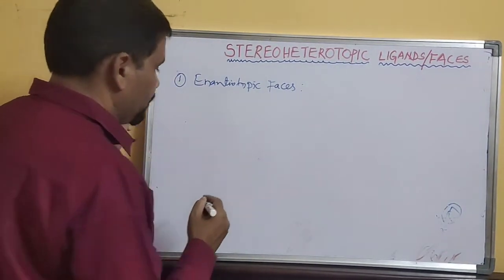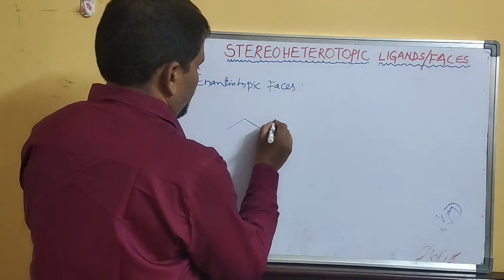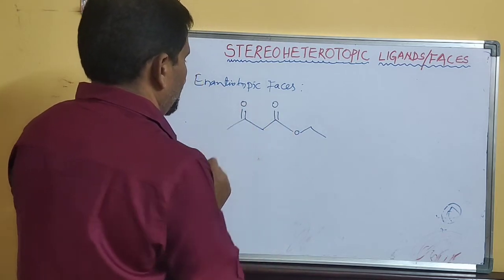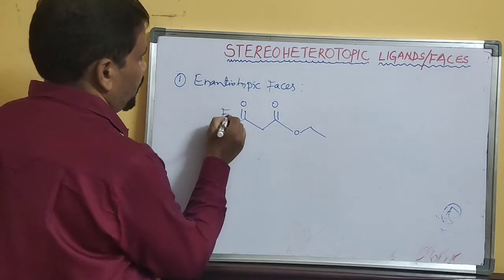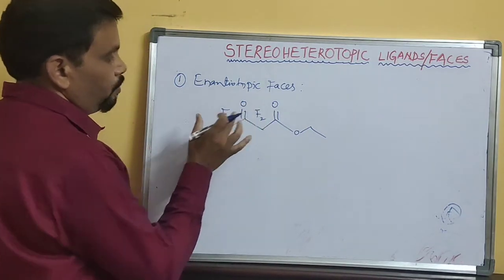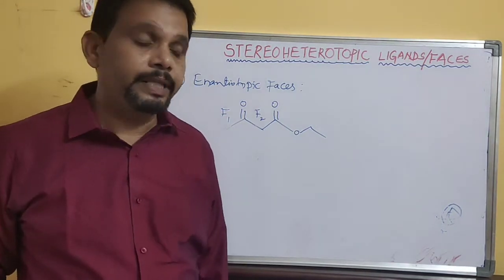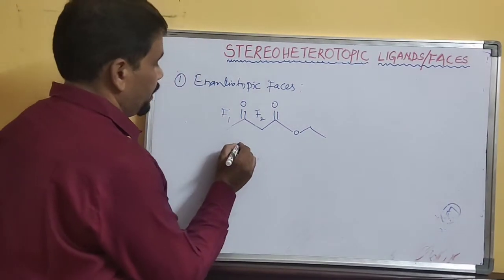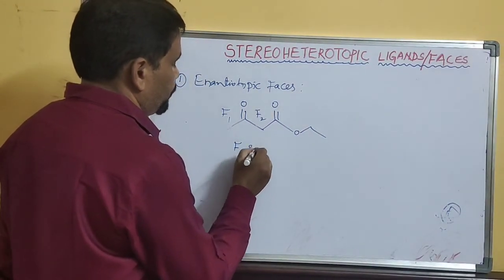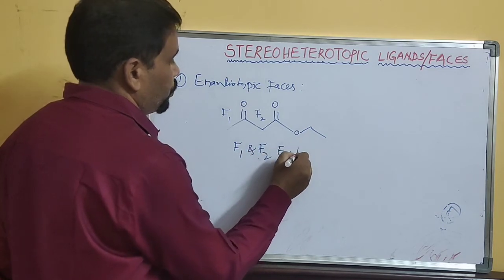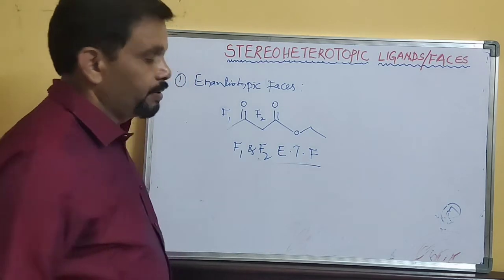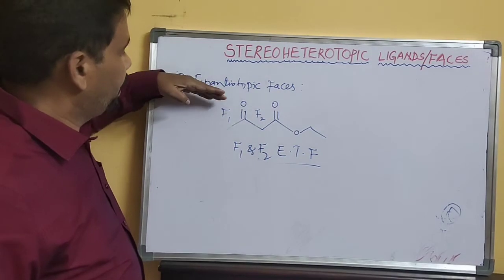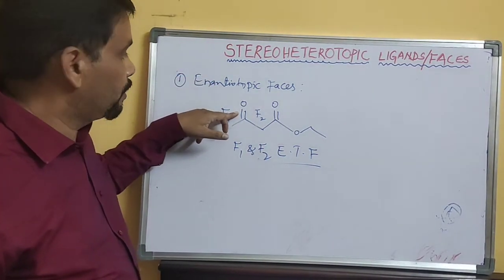I'll give one more example. This is F1 and this is F2. Both faces are different. They can produce enantiomers. Therefore, F1 and F2 can be considered as enantiotopic faces, because if the newly added reagent comes from this side, it will form one isomer.